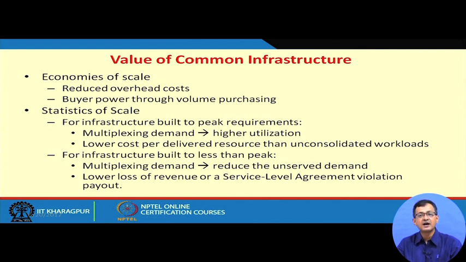Economies of scale means I want to reduce overhead cost. What are the different overhead costs? If I buy a system, it has overhead costs of AC, power maintenance like UPS, AMC of the system, and human resources to maintain it. So, I want to reduce that overhead cost.